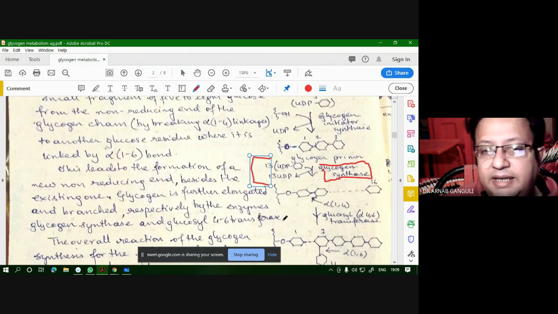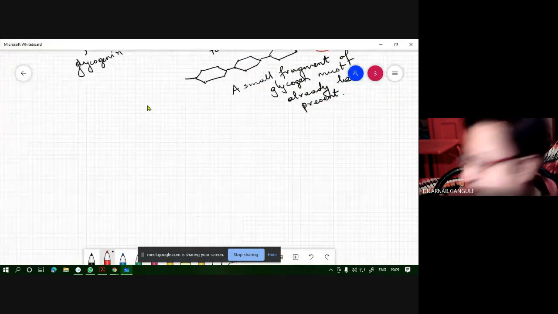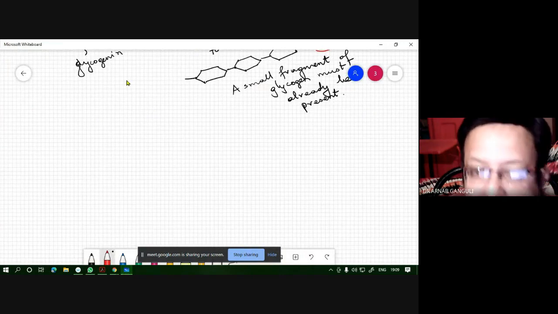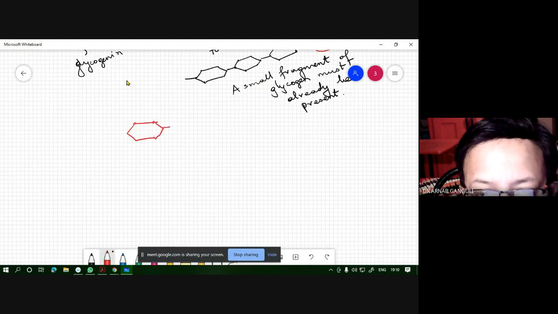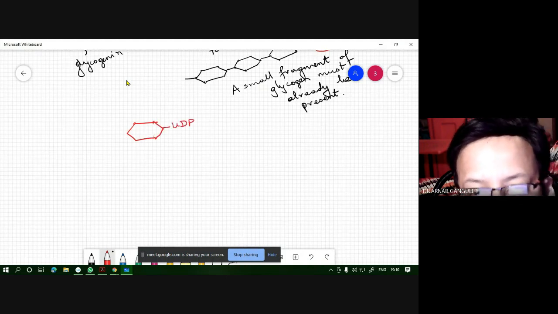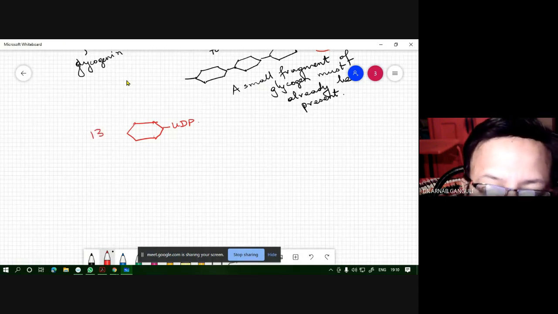So basically UDP glucose comes, this is UDP glucose, this is the glucose molecule. So molecules of this come and it releases UDP.